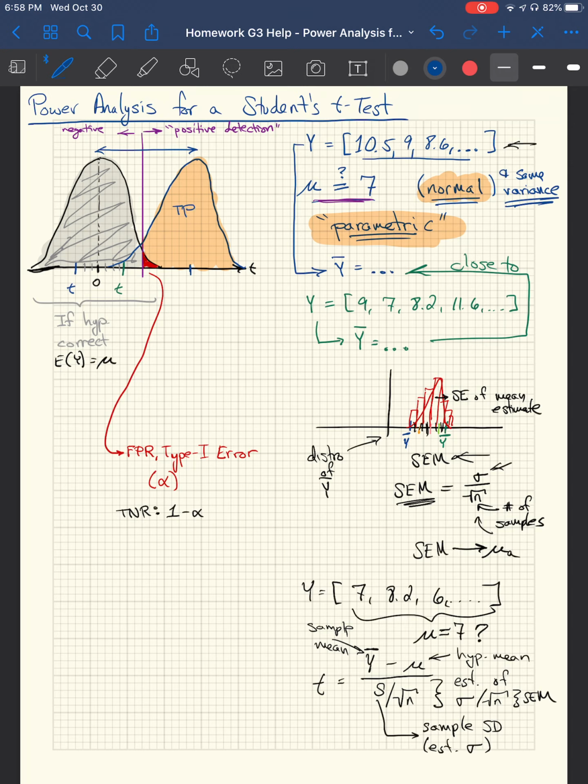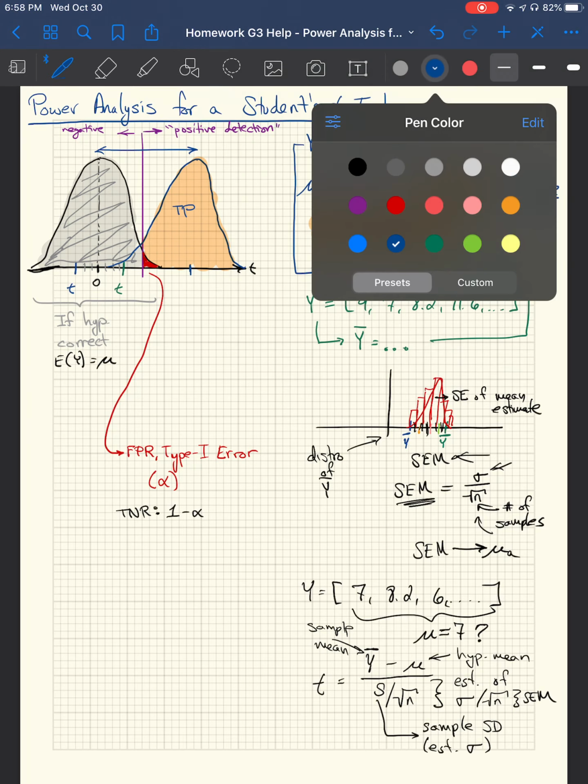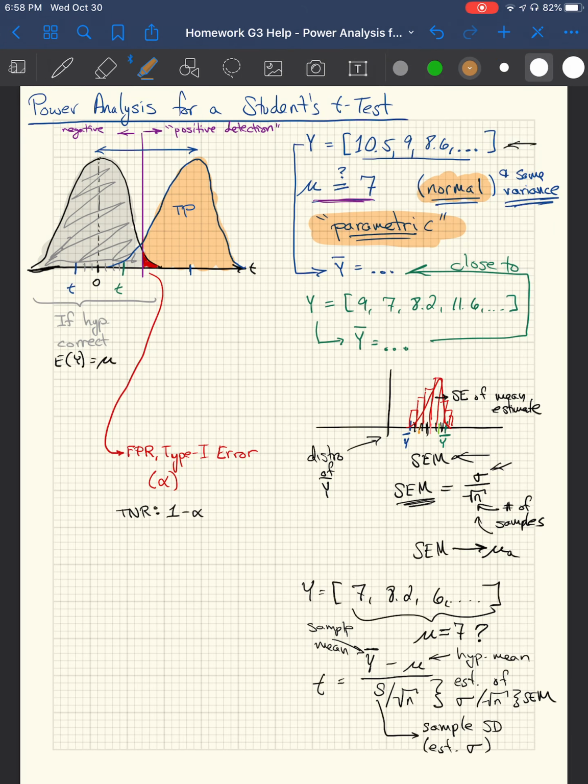And then we've got some of these that snuck in. So I'll just squiggle over those in blue, on the left side of that threshold. Those are our false negatives. They came up negative, but they should have been positive. So the little blue section there represents our false negatives.